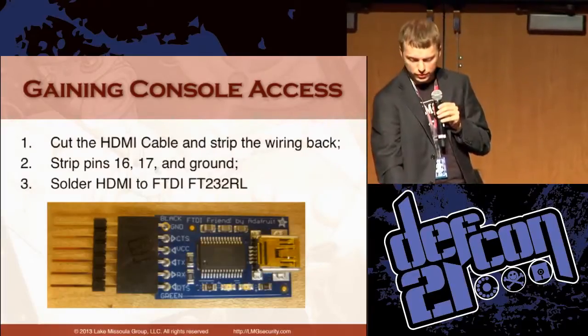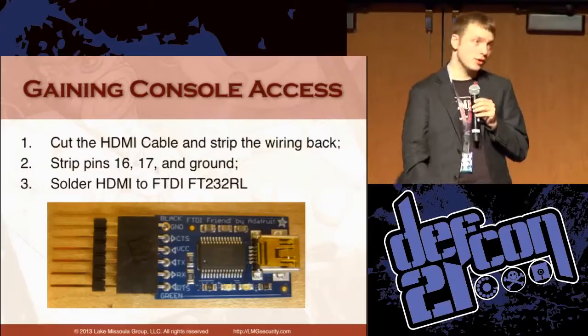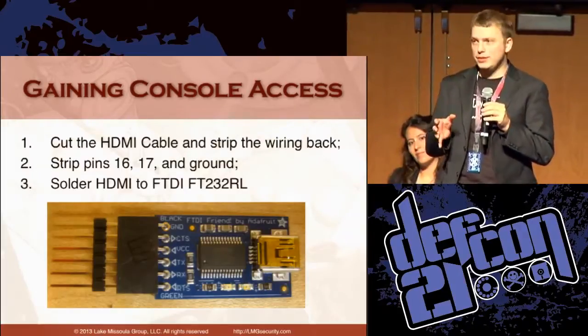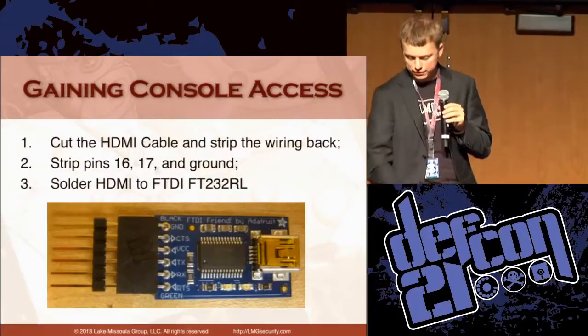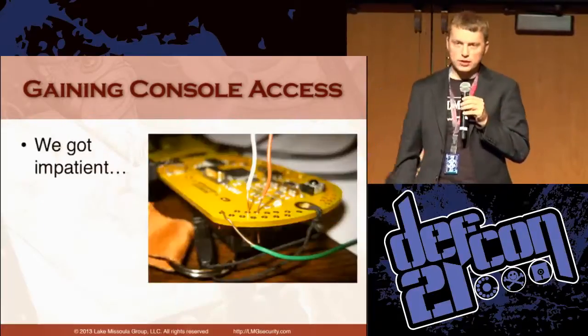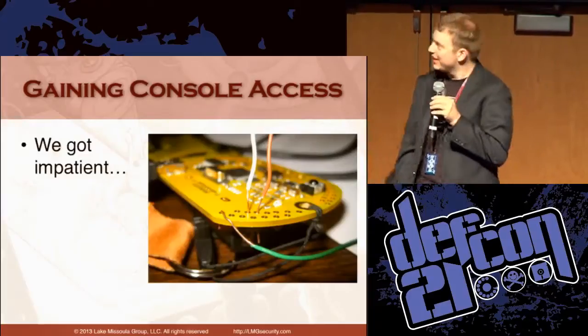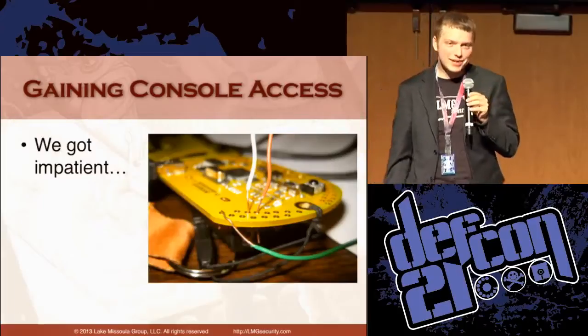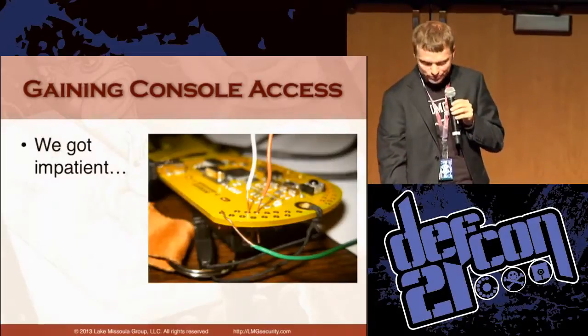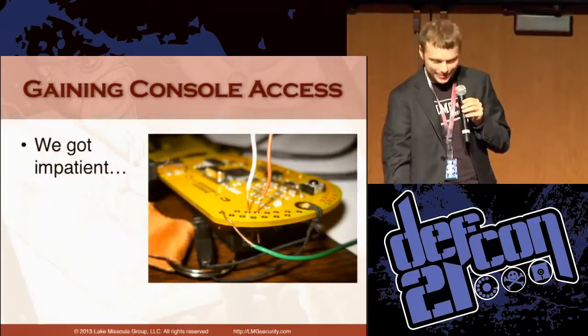It's like a $15 part or something. But the thing was, I got really antsy while we were waiting for the shipping for this, and this was right after DEF CON last year. So I just grabbed my badge from last year, and since it had an FTDI connector on it, I just ended up using that one. It's a little bit of a hack together solution, but I thought you'd enjoy that.